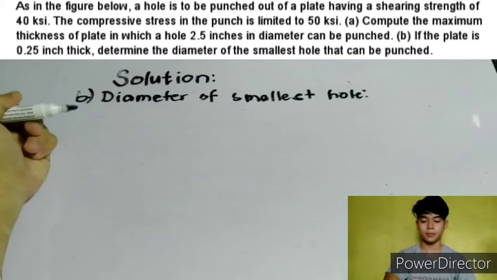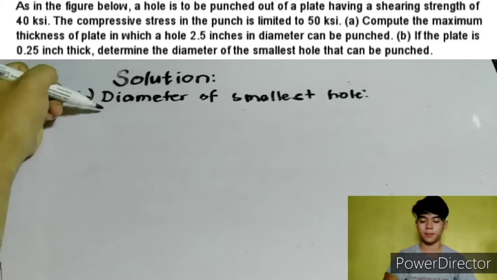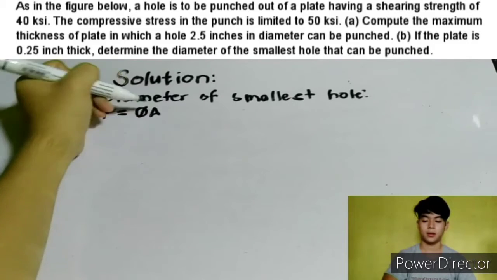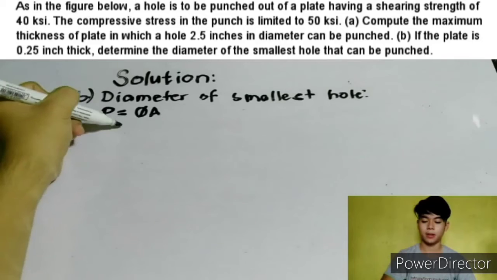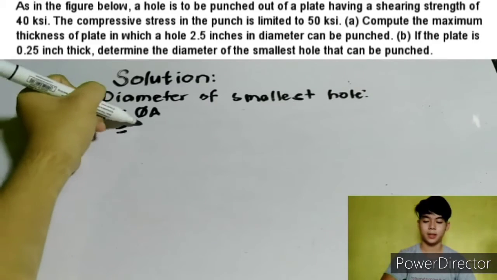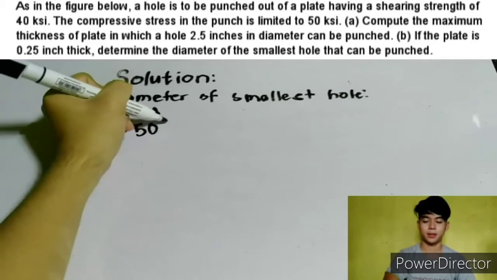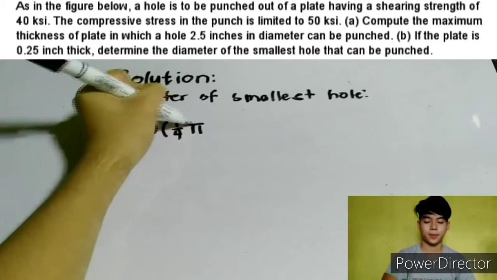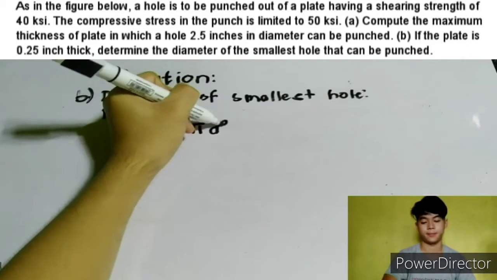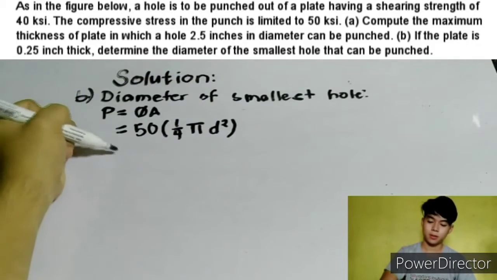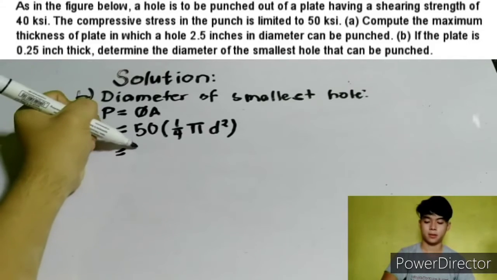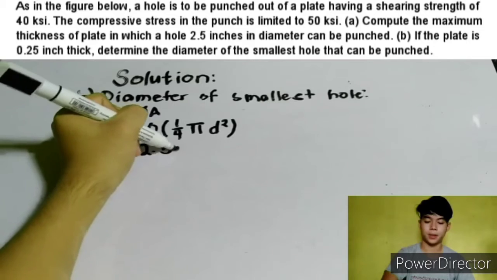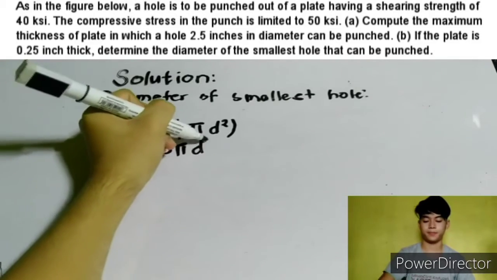To find the diameter, we use P equals stress times A, equals 50 times 1/4 pi d squared, which is 12.5 pi d squared.